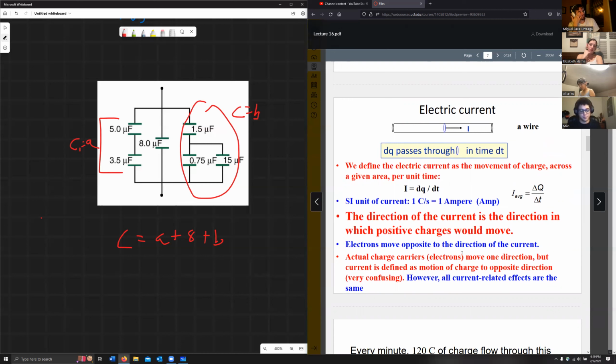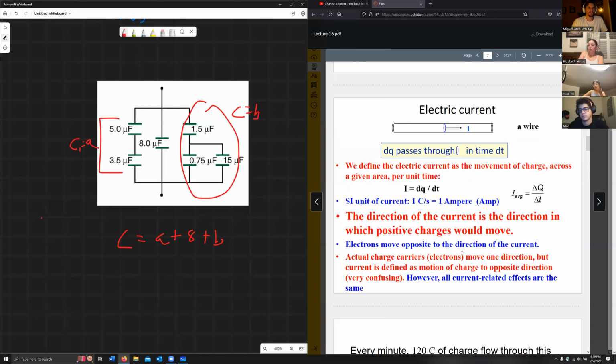All right. Electric current within a wire. So dQ passes through a ring inside of a wire. The definition of electric current is the movement of charge across a given area per unit of time.